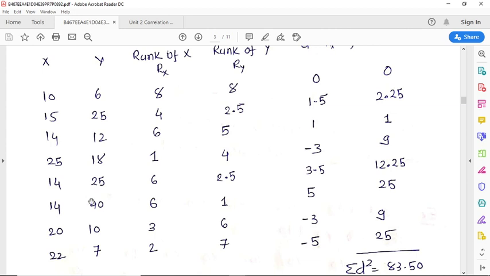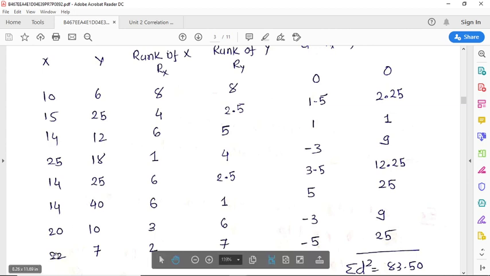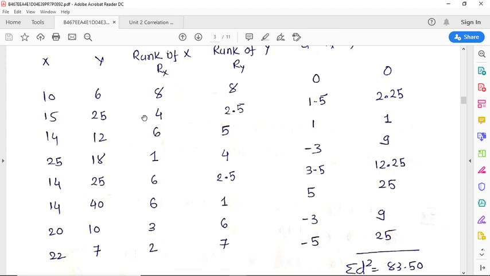Next is 22, so 22 is rank 2. Next is 20, so 20 is rank 3. After that comes 15, so 15 is rank 4. And now next, the 5th rank is 14, the 6th rank is also 14, and the 7th rank is also 14.